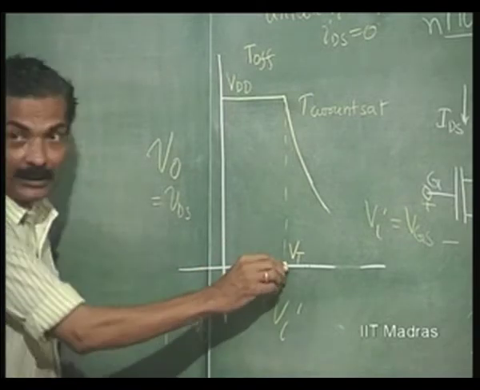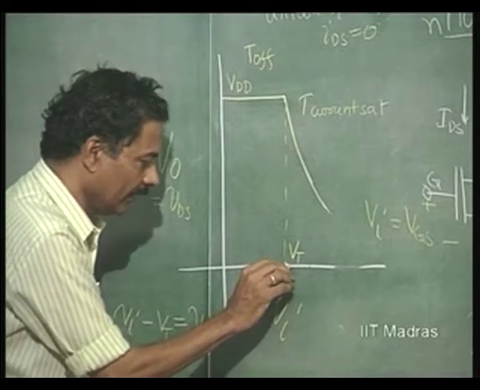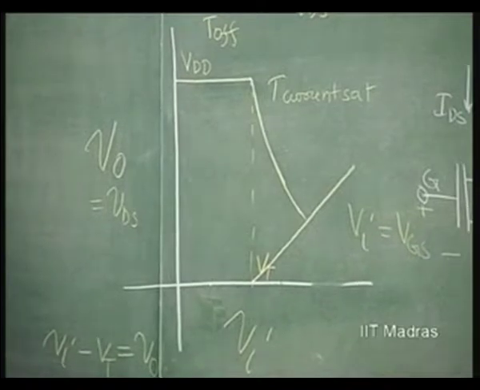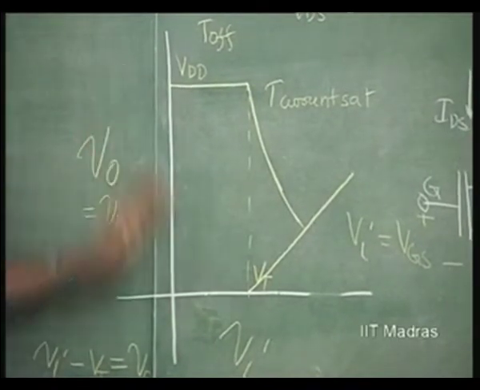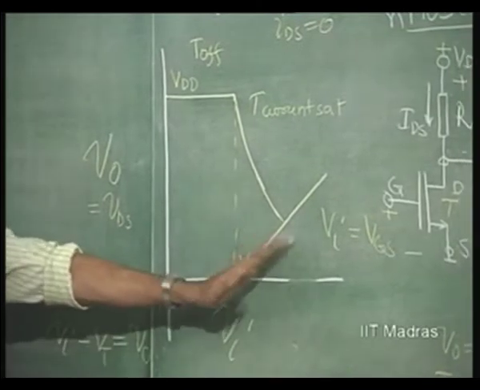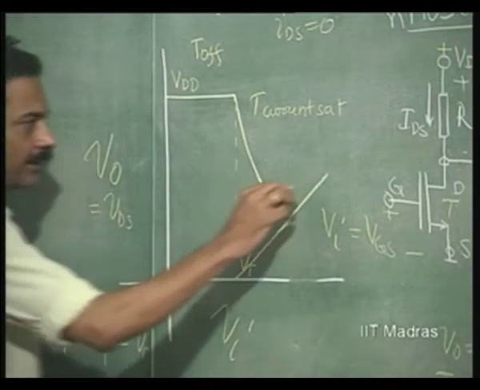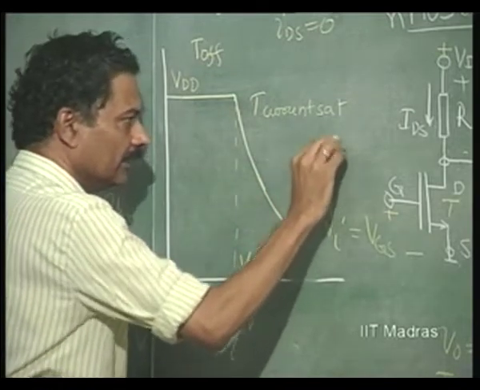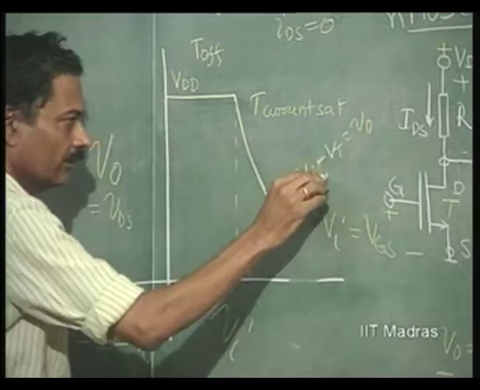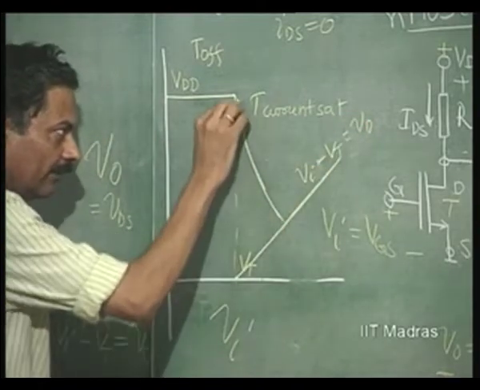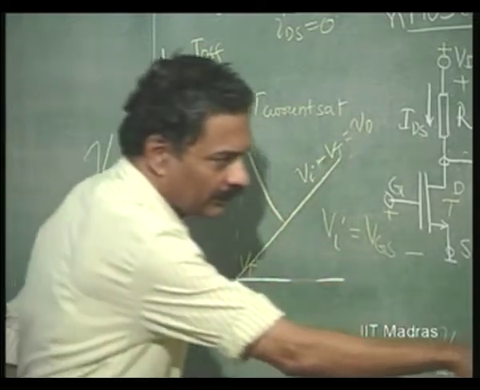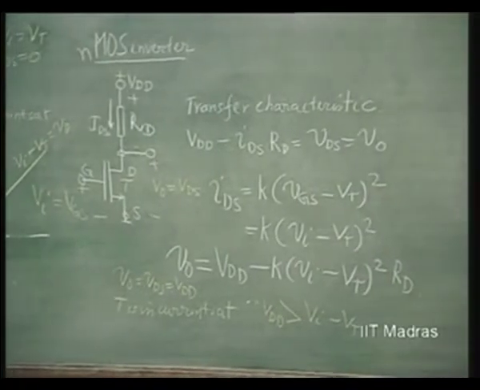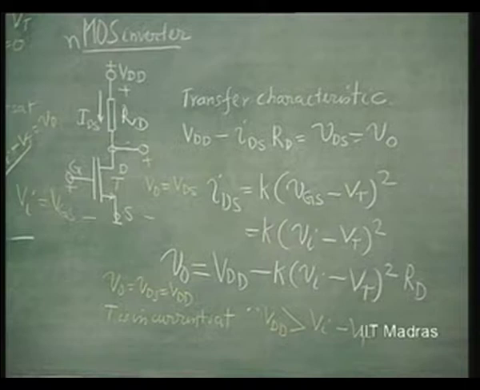I draw a line like this with 45 degrees, because if this scale is same as this scale, that will be a slope of 45 degrees, and that corresponds to Vi minus Vt equal to V naught. This line will intersect the curve V naught equal to VDD minus K into Vi minus Vt whole square at a certain point.